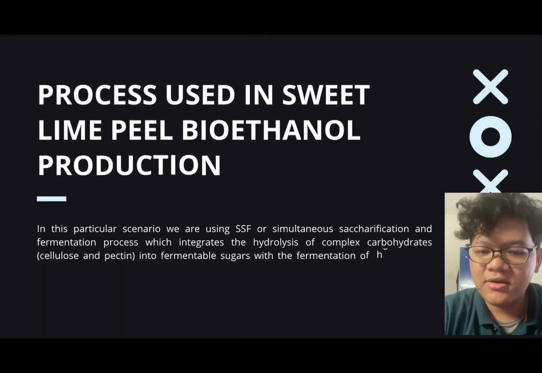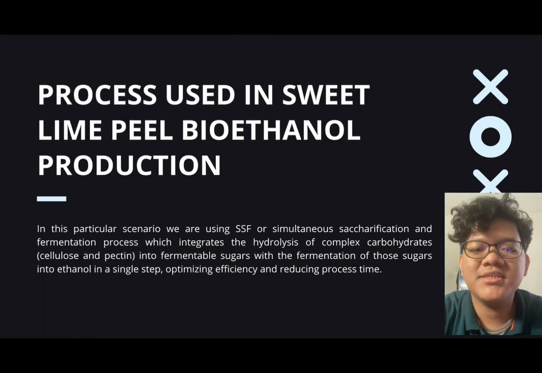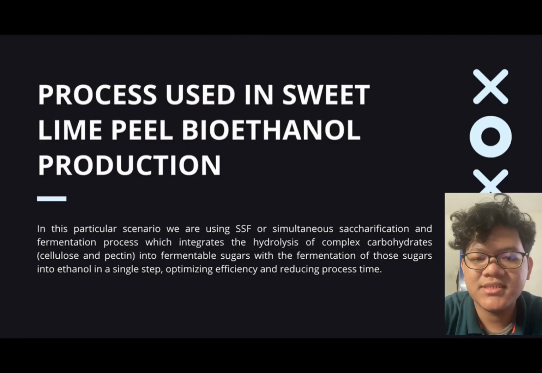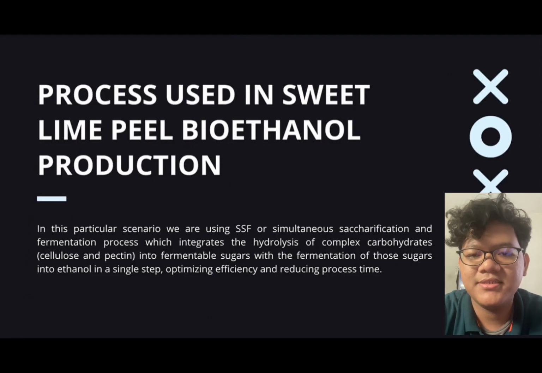Moving on, I am your next presenter and I'll be telling you about the fermentation process and the use of microbial organisms in the production of bioethanol from sweet lime peel.